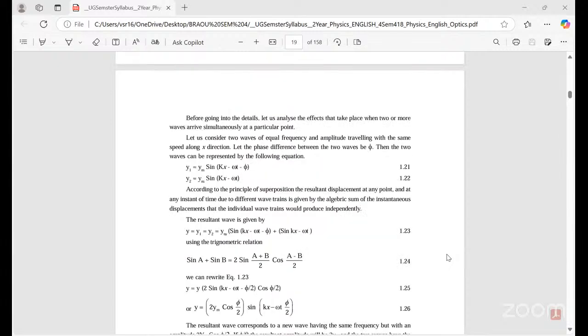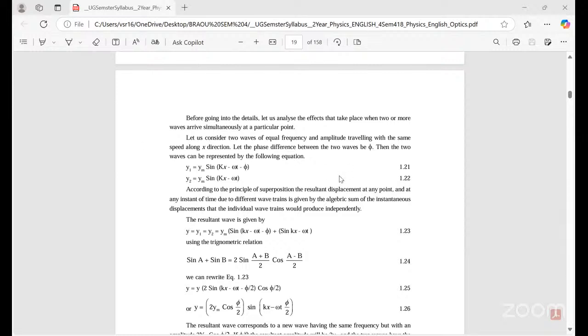So this is also asked as an essay question. Consider two waves of equal frequency, angular frequency and amplitude, traveling with the same speed along the x direction.